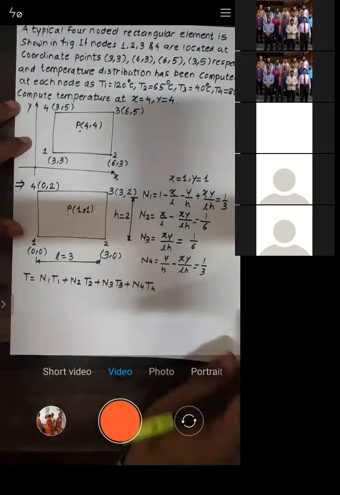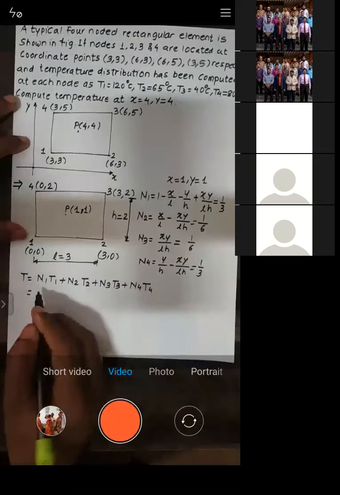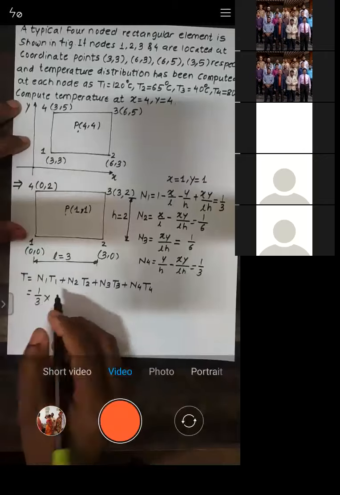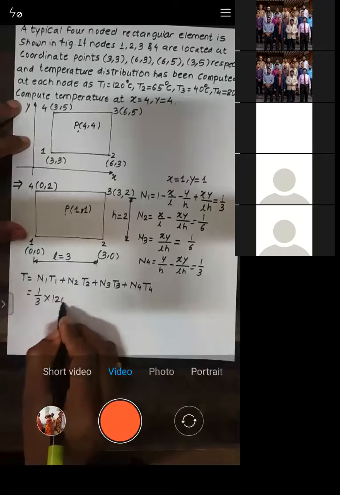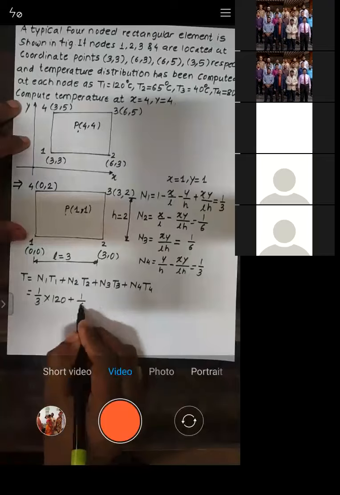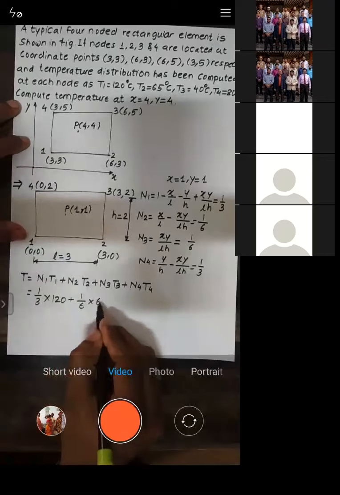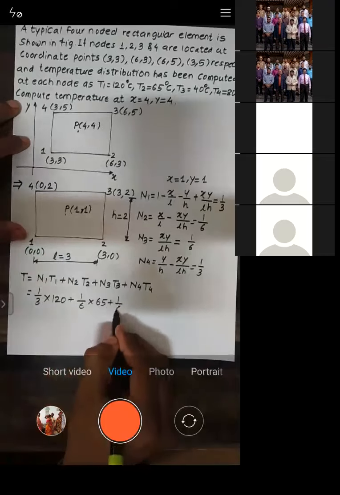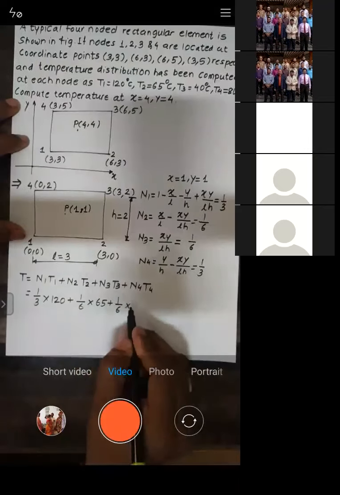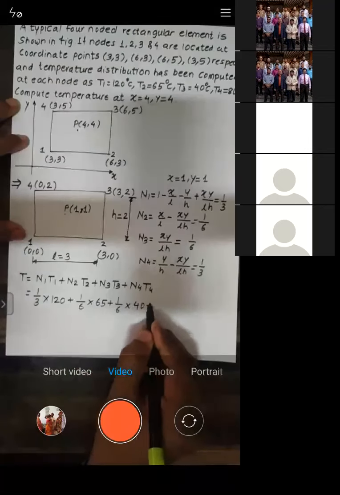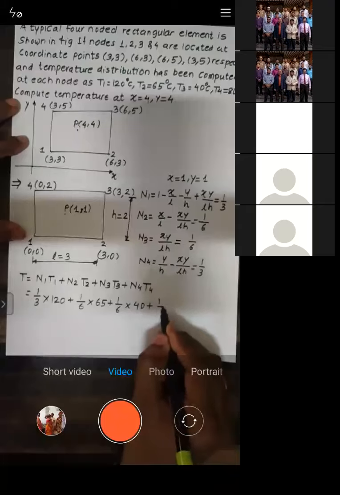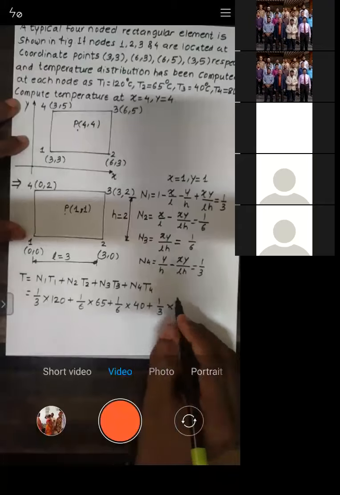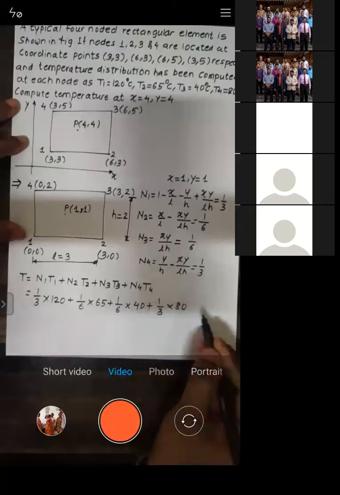Right? So T is equal to N1 is 1 by 3 into T1, it is given 120, plus N2 is 1 by 6 into T2, they were given as 65, plus N3 is 1 by 6 into T3, they were given as 40. Then N4 is 1 by 3 into T4, they were given as 80.